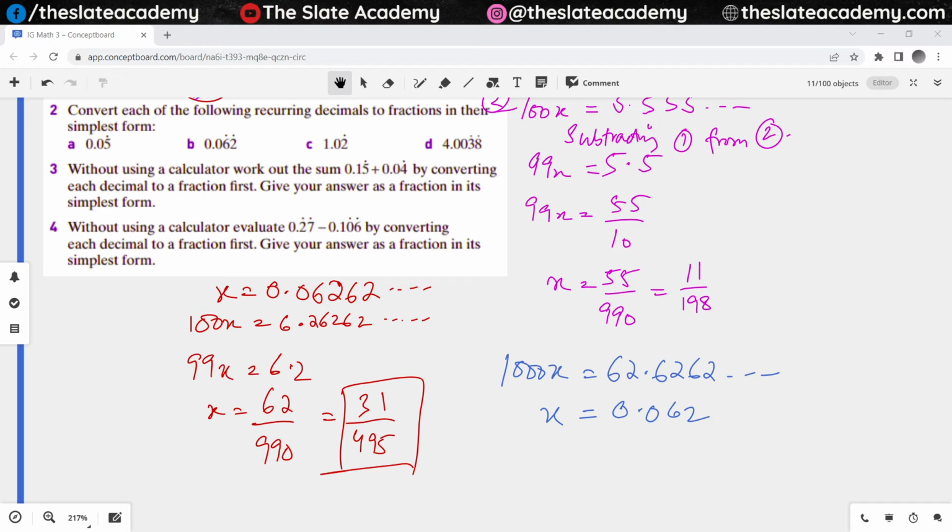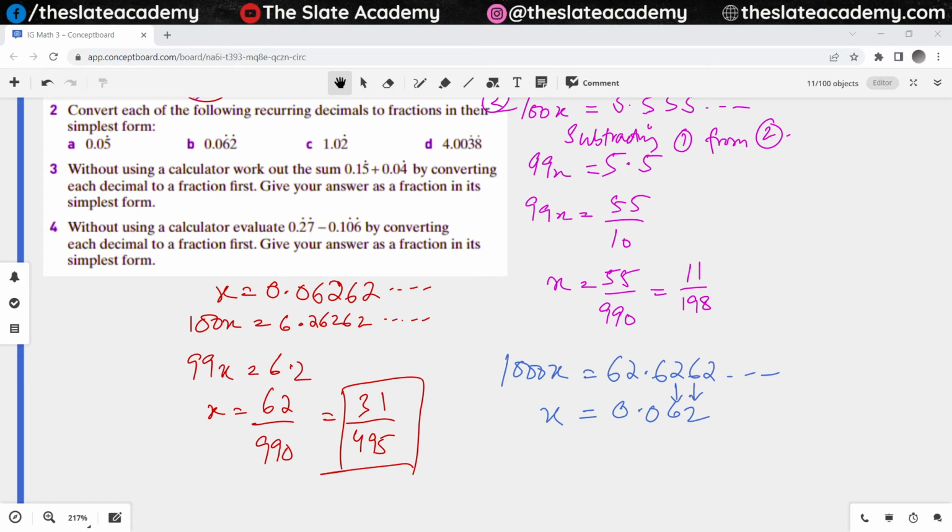So it would create a mismatch. Do you see it? So that is why better not do it with 1000. 100 would be a safer bet, because we need to get these digits aligned so that they get cancelled out.